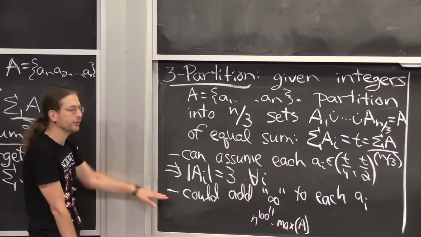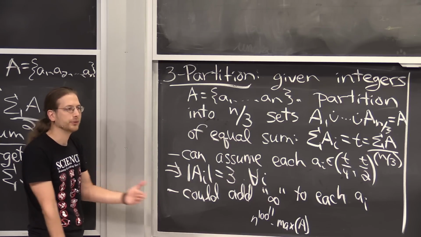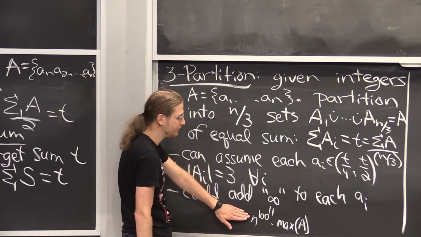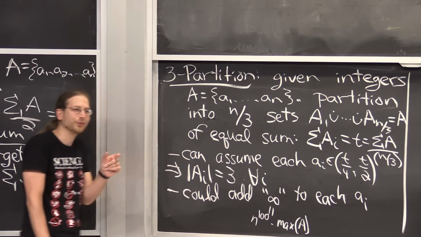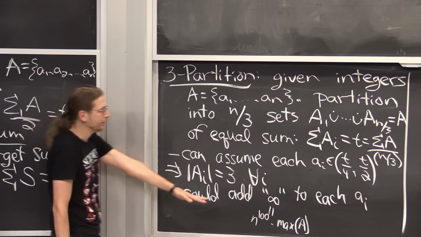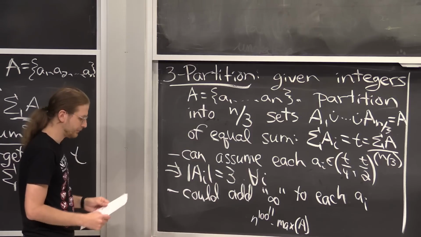And when you do that, all the a_i are basically equal to each other, roughly equal to t over 3. The leading term is the same for everybody, and then there's this little noise, which was the original integer that you're adding on to that infinity. Anyway, so then all the a_i are roughly t over 3. Cool.